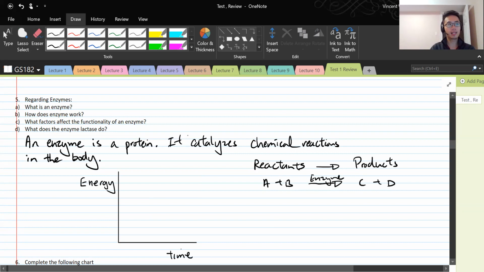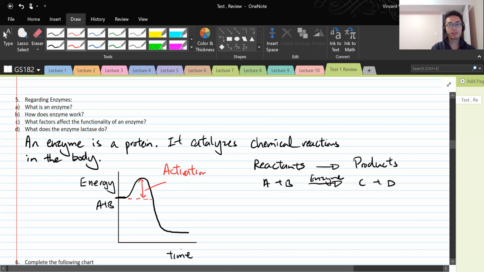Okay, so let's see what happens without the enzyme first. So you will have A plus B, the starting material, and then in order for the reaction to take place, you actually have to supply a little bit of energy, and then it's going to come down like this.